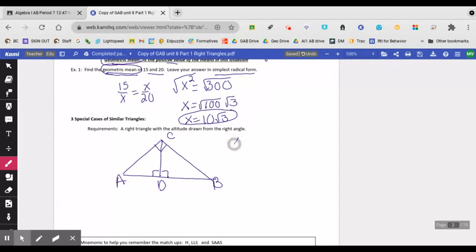Triangle ACB, which is our large right triangle, is similar to triangle ADC, because they share angle A and they both have a right angle.